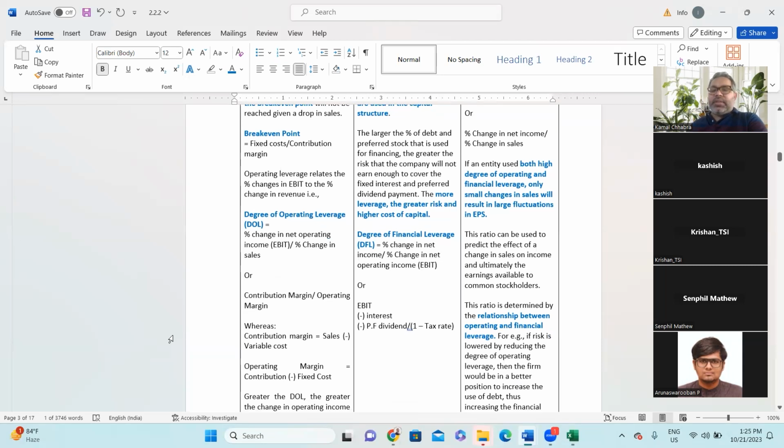So the degree of financial leverage, how do you calculate? It is equal to percentage change in net income divided by percentage change in net operating income. That means percentage change in profit before tax divided by percentage change in EBITDA.